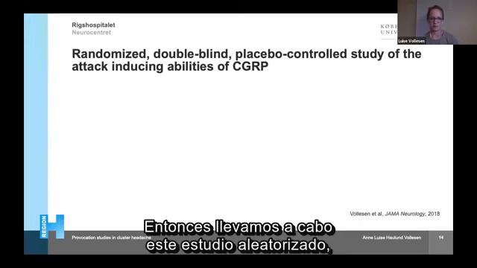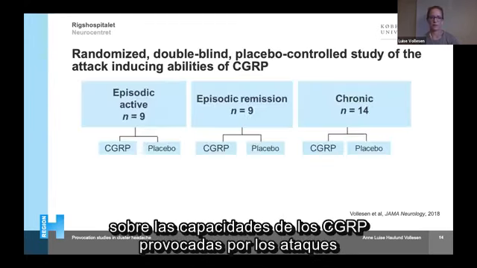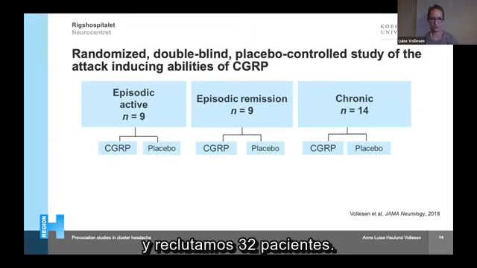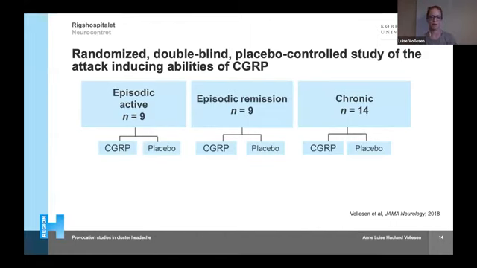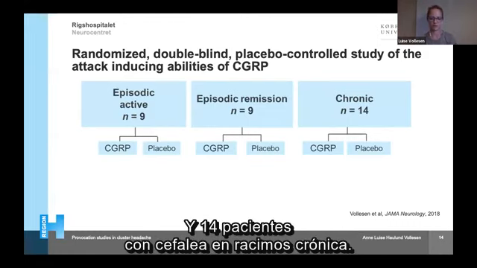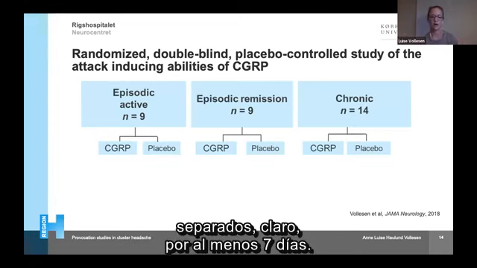So we conducted this randomized double-blind placebo-controlled study of the attack-inducing abilities of CGRP, and we recruited 32 patients, 9 episodic active phase patients, 9 remission phase patients, and 14 chronic cluster headache patients. And then they were randomly allocated to receive either CGRP or placebo on 2 days, separated, of course, by at least 7 days.